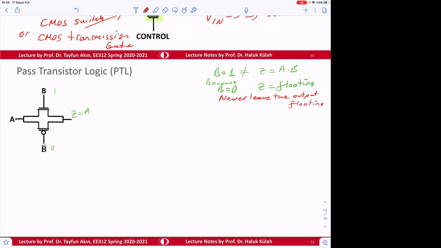When we use this logic, we should be careful and try not to leave the output floating. So how can we achieve that? There are ways to achieve this.